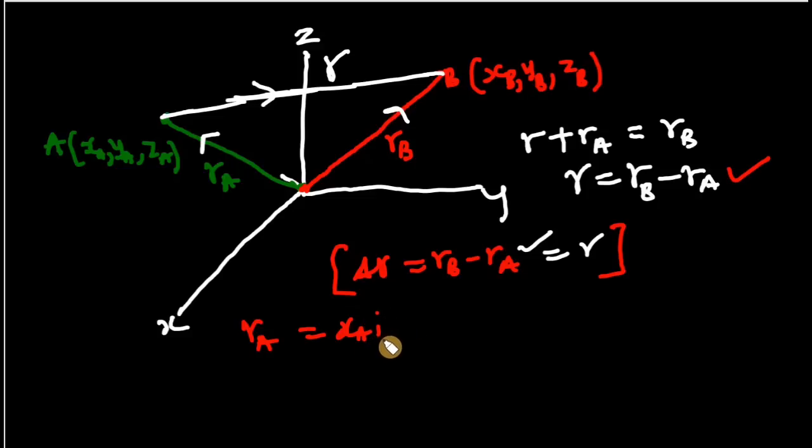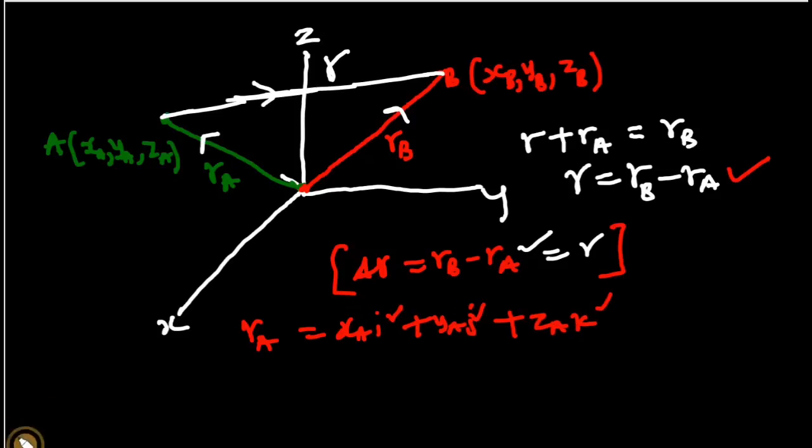X direction, plus this is YA j, showing that it is along the Y, plus this is ZA k, showing that this is along the what? Z direction. These are the unit vectors in that direction.